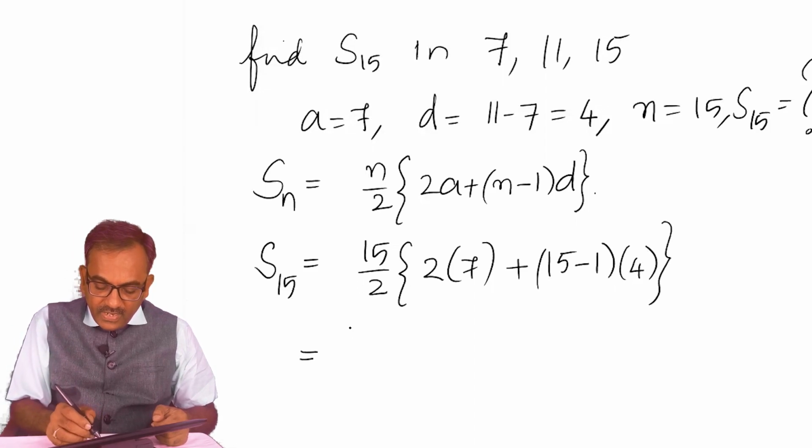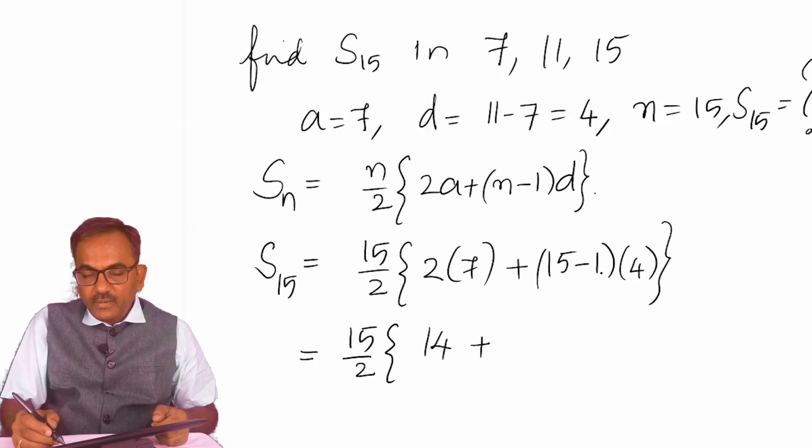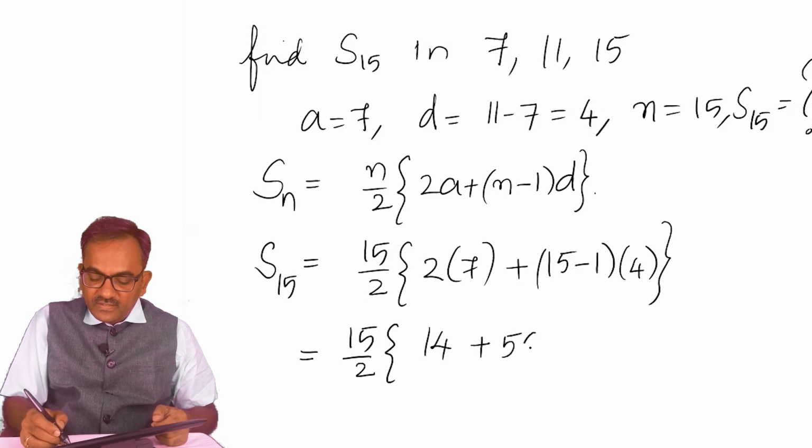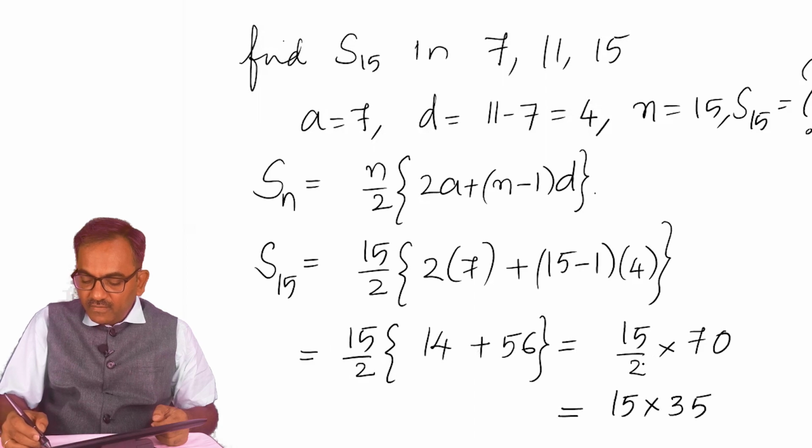So 15 by 2 into 14 plus 15 minus 1 is 14, 14 fours are 56, right? So this is 15 by 2 into 56 plus 14 is 70. So we get 15 into 35.